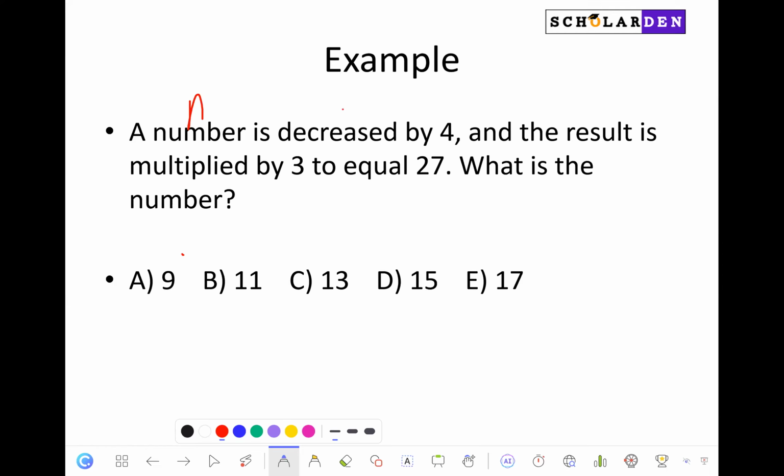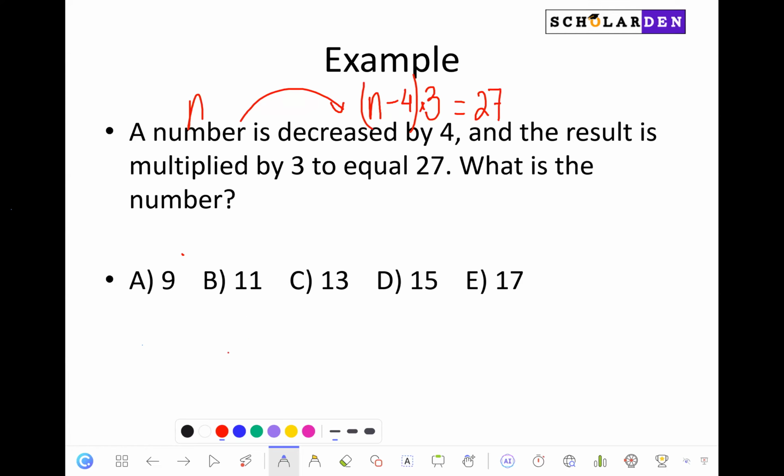By decreasing, it means that we take n and we subtract 4 from it. And then this value, n minus 4, when multiplied by 3, n minus 4 times 3, the result is equal to 27.